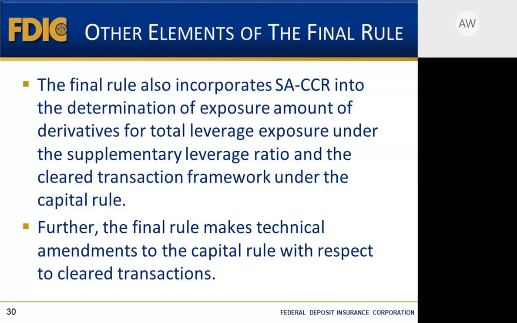What was explained in the comment period for the NPR is that because SA-CCR distinguishes between margin and non-margin derivatives, it created a bit of a confusion of whether STM and CTM will end up in different categories and won't be able to be used to offset each other.